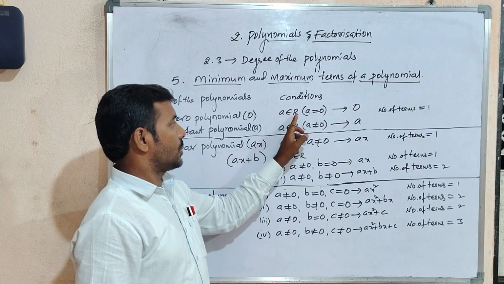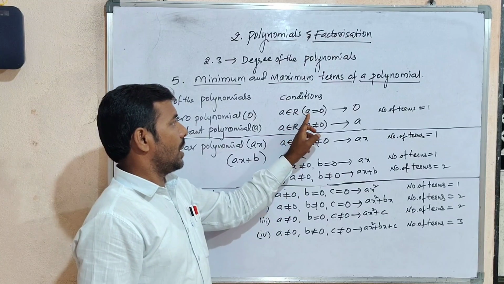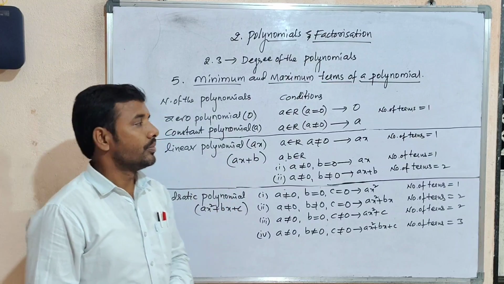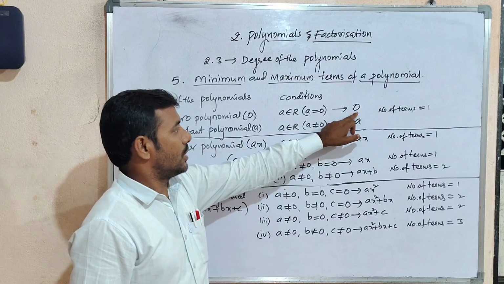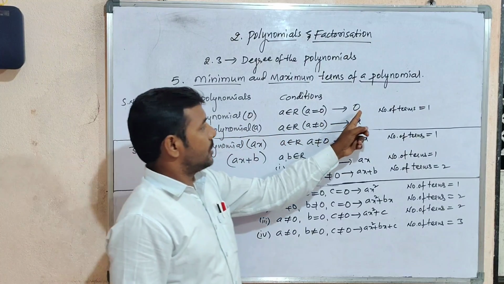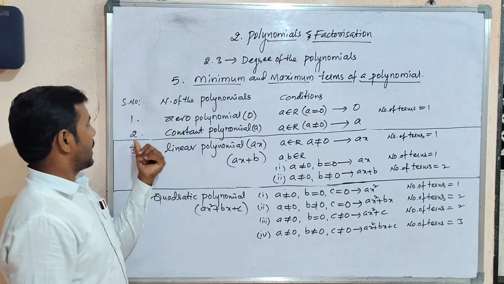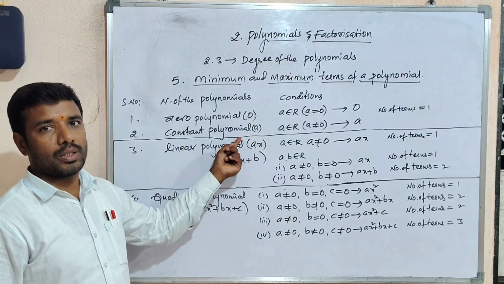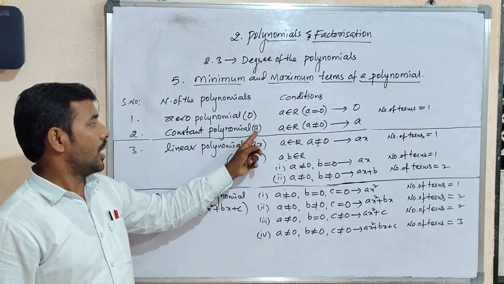A belongs to real numbers where A is equal to 0, so we are taking 0 only. Right here 0 is written. Next, the second point is constant polynomials. Nothing but I took A.